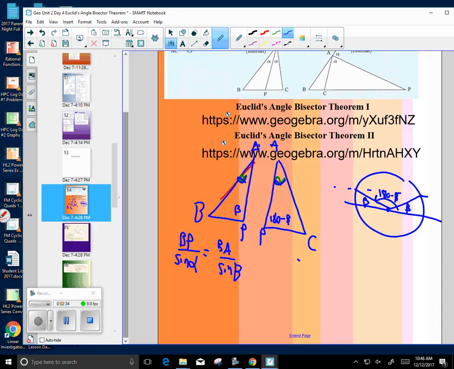Now over here, I'm going to say this is PC over the sine of alpha is equal to AC over the sine of 180 minus beta.